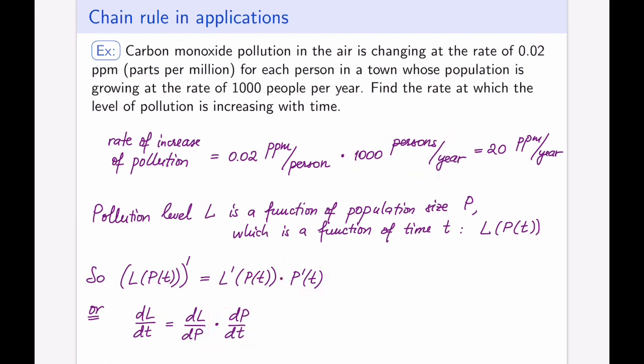And again, the Leibniz notation tells us it's the population counted in persons per time unit counted in years. Leibniz notation is also useful, once again, if you think about this as a quotient of various values: you can notice that the P's will quote-unquote cancel out. Not actually, but in terms of units they would. And what we're going to get is dL by dt, which is corresponding to what we actually have on the left-hand side as well. So this is what we have in these types of applications.